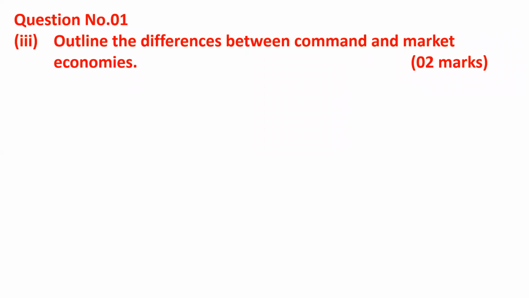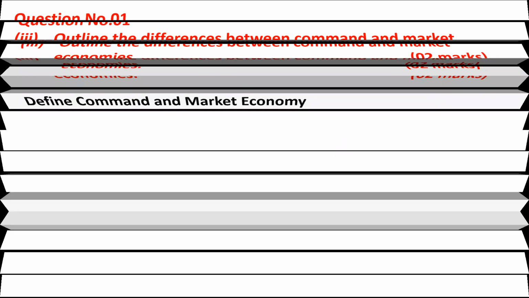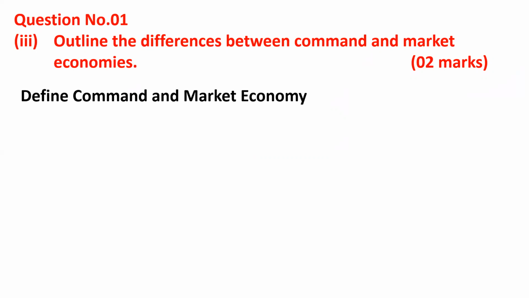You better have a table in this case. Or you can have point form, no issue. But you better have a table, command economy, market economy. And when you do the comparison, before the comparison, you define the systems separately, right?